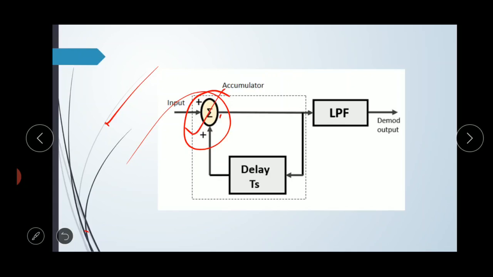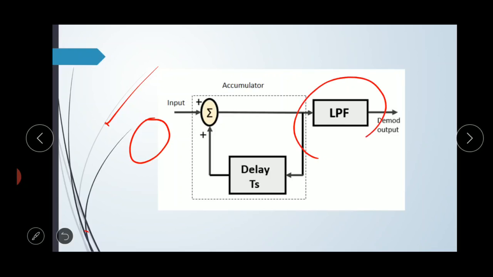If input is binary 1, then it adds plus delta step to the previous output. Okay, if input is binary 0, then one step delta is subtracted from the delayed signal.